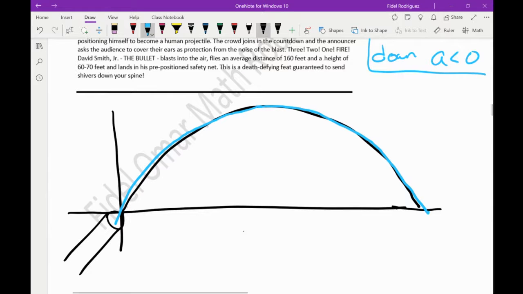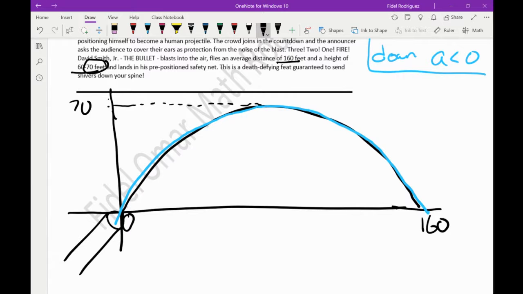Okay, let's see. It says he flies an average distance of 160 feet. So let's say that this number here is 0, and this number here is going to be 160. And then it says he reaches a height of 60 to 70 feet. Let's go with the top number, and give him the benefit of the doubt and say that he reached a height of 70 feet. So I want you to think about something for a minute, y'all.